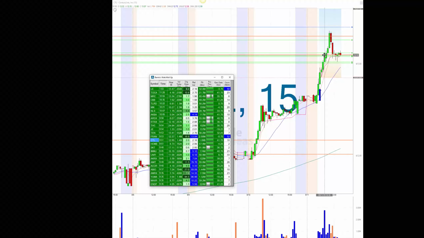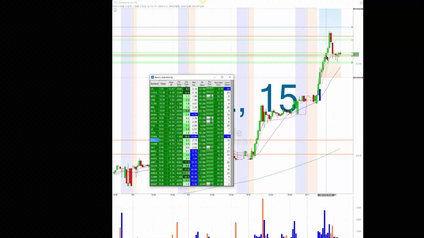I re-entered the trade at 13.09. Yeah, I re-entered at 13.09. Sold some up here at 13.30, and the balance right around here. Nothing spectacular, but I'll take that sort of a move any day on a percentage basis.